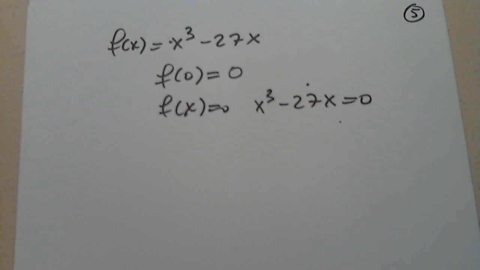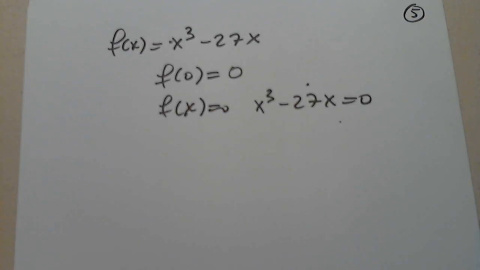Yes, but this time it's a cubic. Be very careful how you enter the coefficients. Look at this. The first coefficient is 1. The second one is 0. The third one is negative 27. And the last one is 0. So careful, careful, careful.